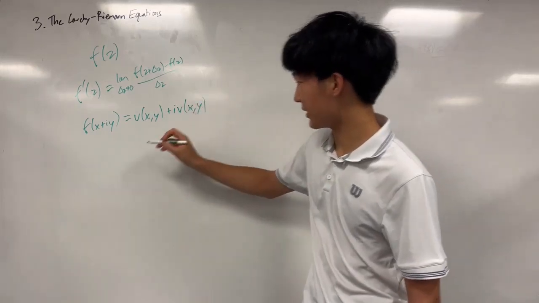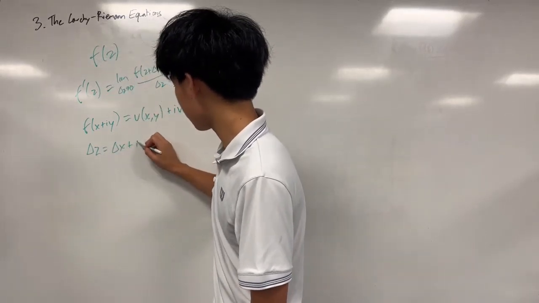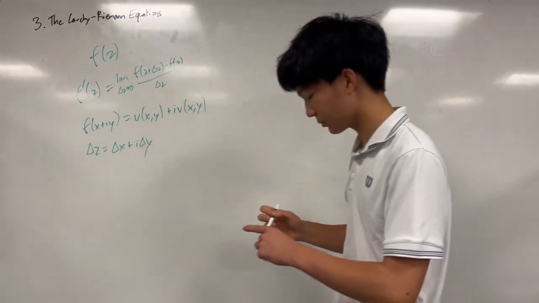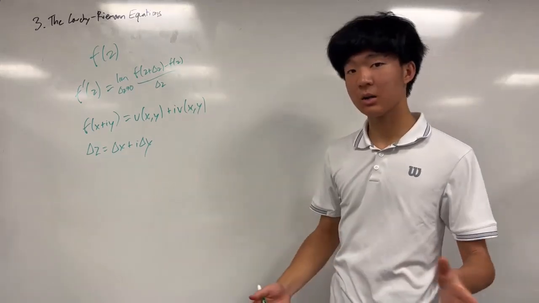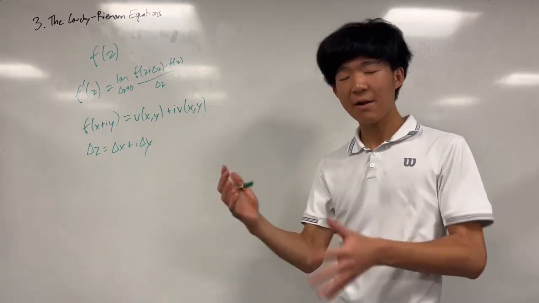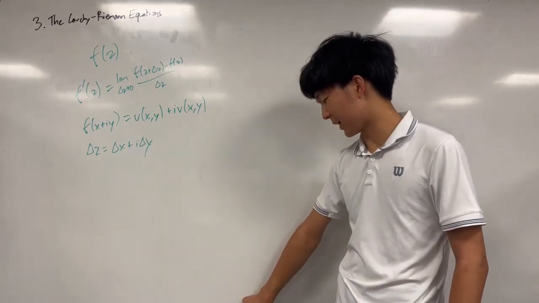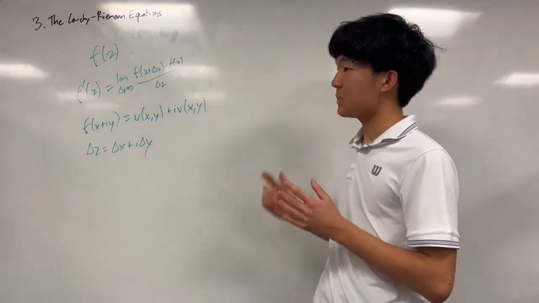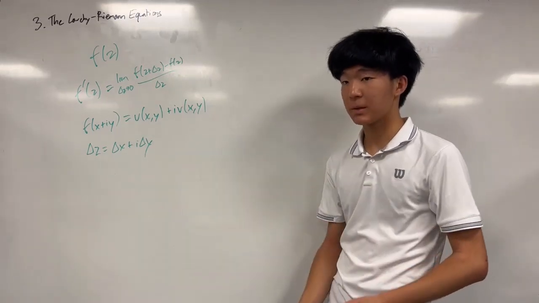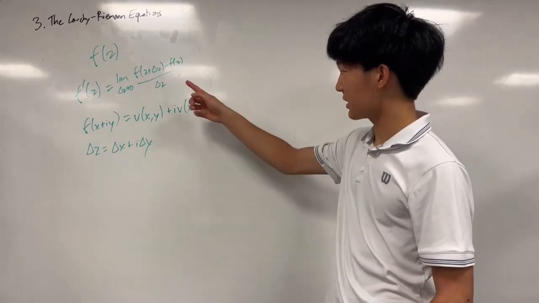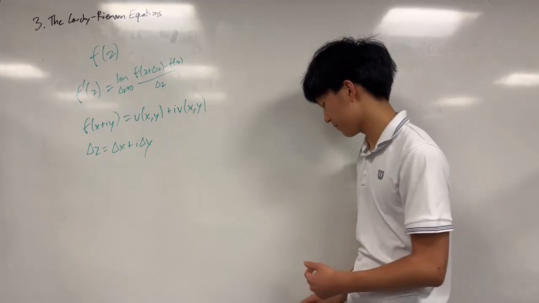Then we can separate delta z into real part delta x and imaginary part delta y. Right. And here's the key thing. Because f of z is holomorphic and complex differentiable at every point within the complex plane, it must be complex differentiable from every direction at every point. So we'll take this limit from both the horizontal and vertical directions and compare them.